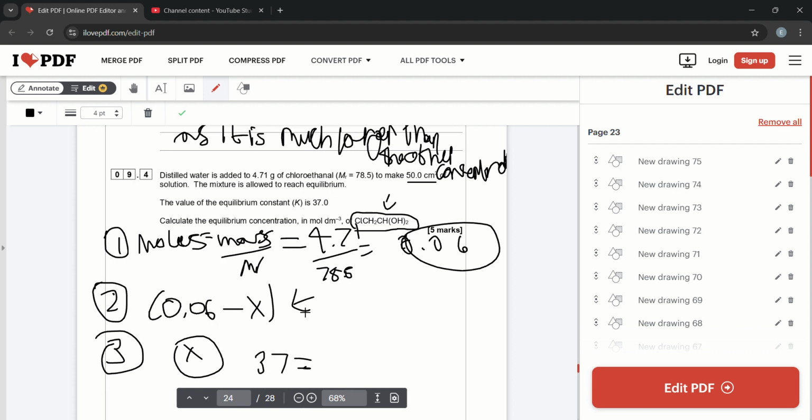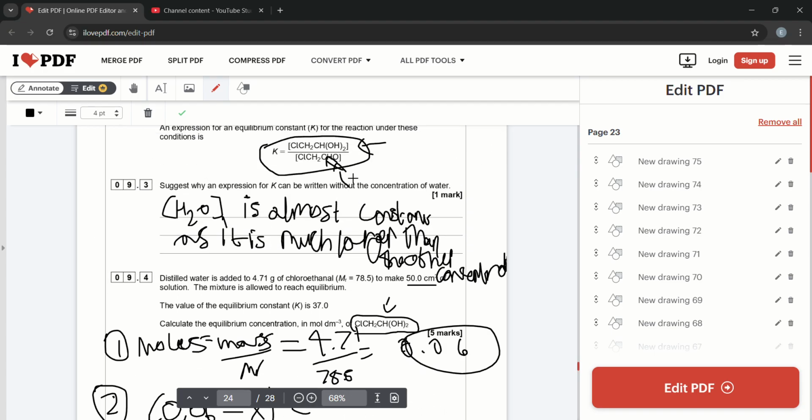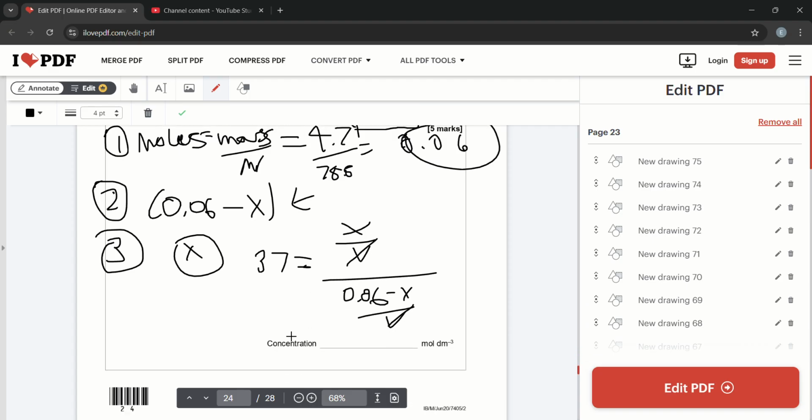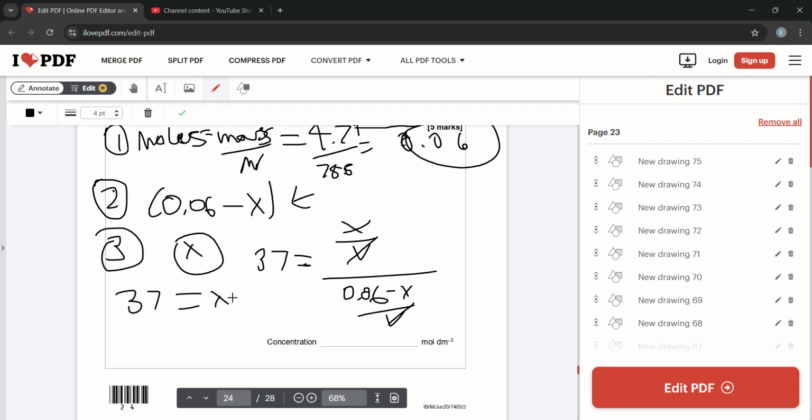Concentration is moles divided by volume, so it's going to be X divided by V over the equilibrium moles of this, which is 0.06 minus X divided by V. Now obviously the Vs are going to cancel out, and we're left with 37 equals X over 0.06 minus X, so we get 37 bracket 0.06 minus X equals X.